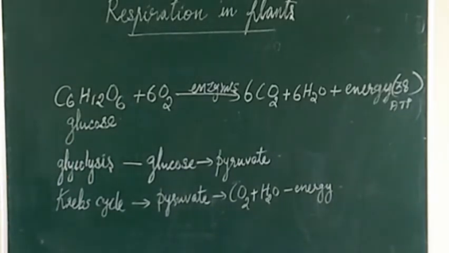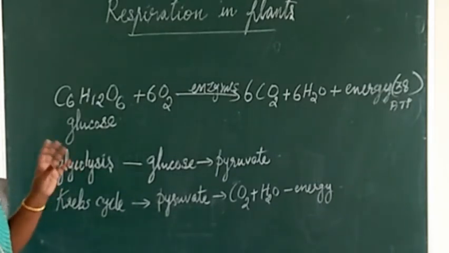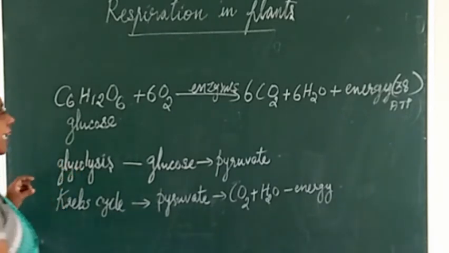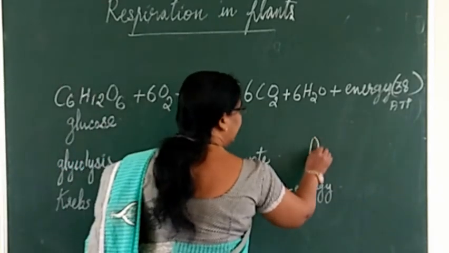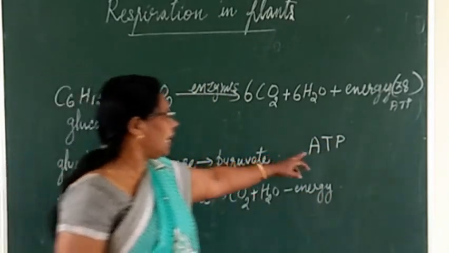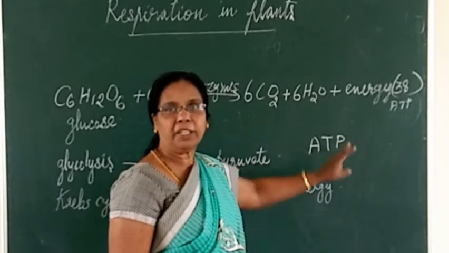Then the energy liberated: a little of it is released in the form of heat. The remaining energy is stored in the form of ATP, chemical energy. The full form of ATP is adenosine triphosphate.